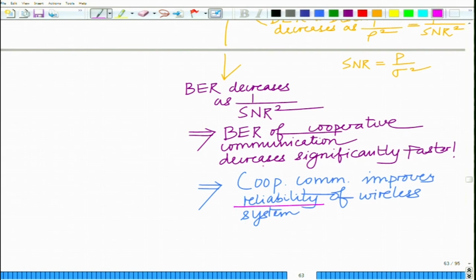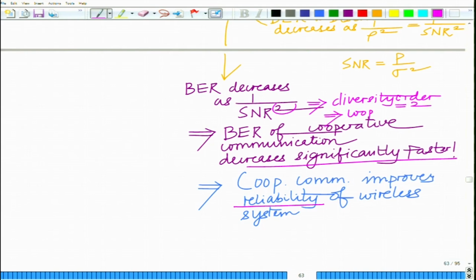So, the bit error rate decreases significantly faster, because remember, 1 over SNR versus 1 over SNR square for a cooperative communication system. So, this 2 implies diversity order equals 2. And this is also termed as cooperative diversity.